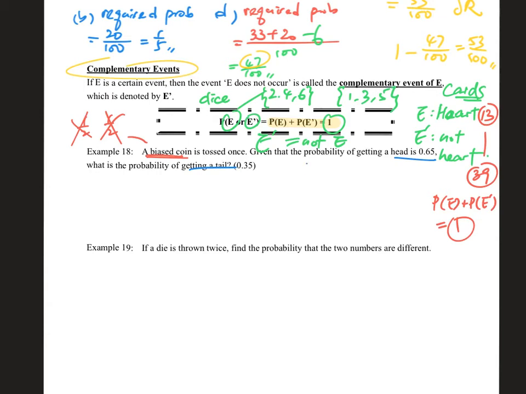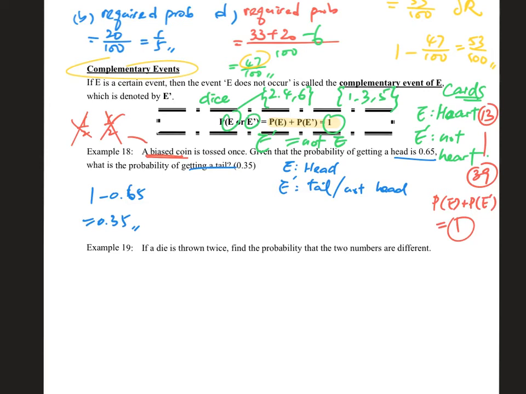You will see that head can be considered as one event. Not head, that means it's a tail. You see that they are complementary events to each other, so that's why you can use 1 minus. So it's simply 1 minus 0.65, which gives you 0.35. That's all. That's the use of complementary events.